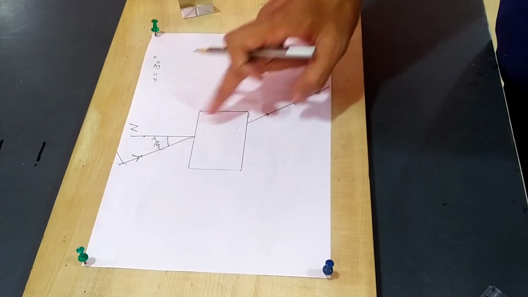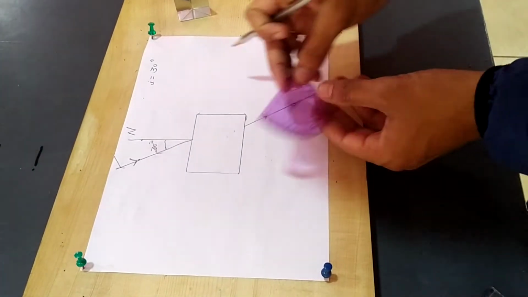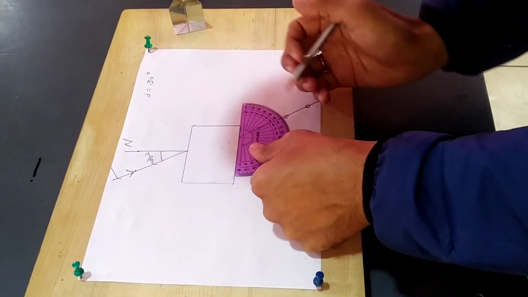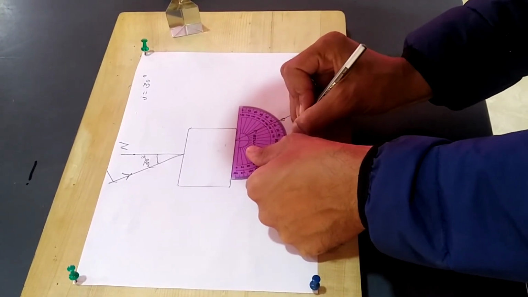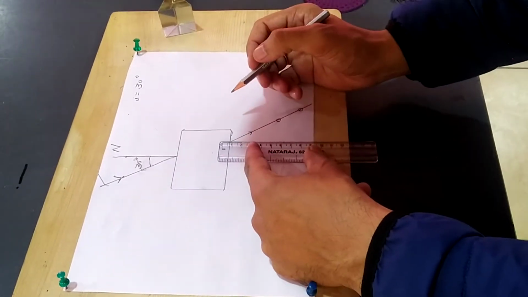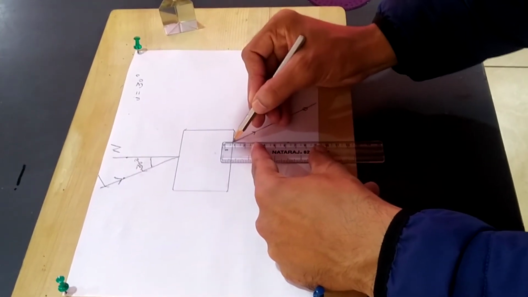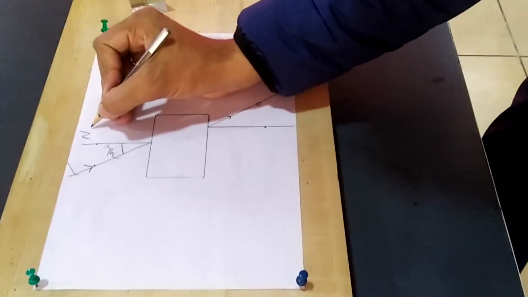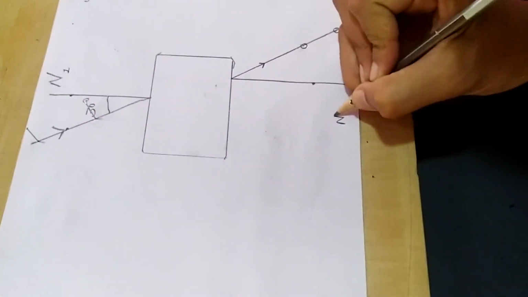This is incident ray, this is the emergent ray. Now you have to draw normal from this point. So from this point, join this. This is a normal, this is N1, this is N2.